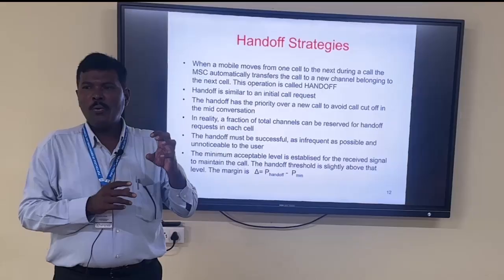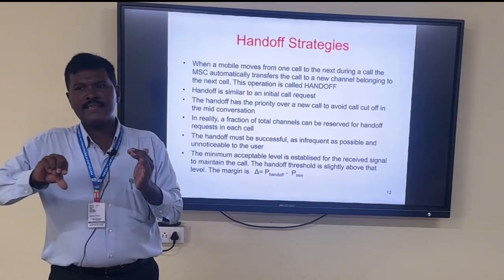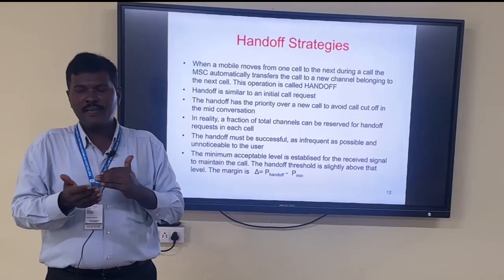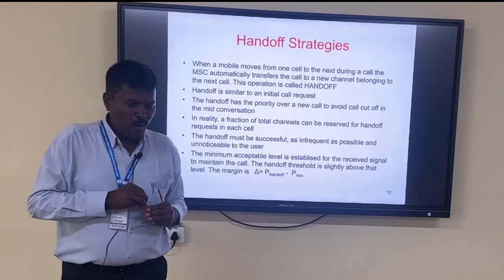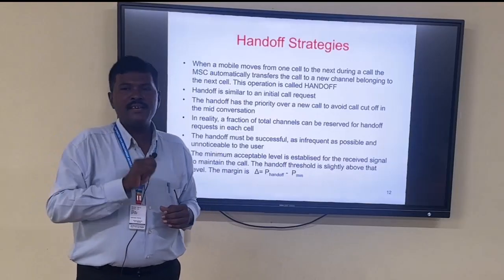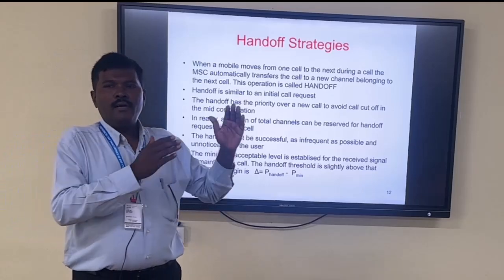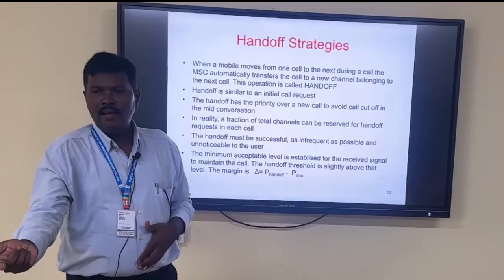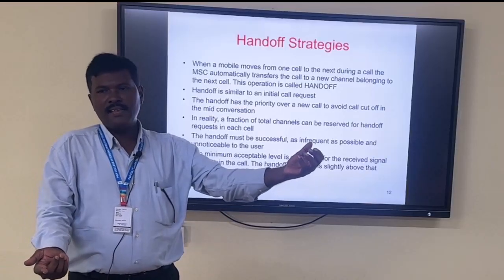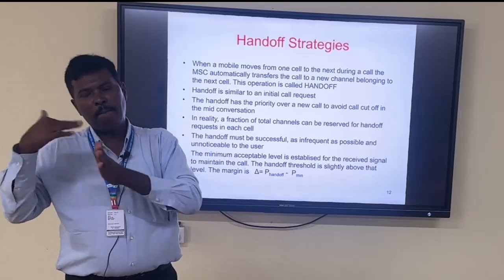But when the mobile is moving from one cell to another, during that particular transition time, a problem will come. During that time, the major function the mobile switching center carries out is that it will collect that particular signal and allocate a new channel in the next cell.